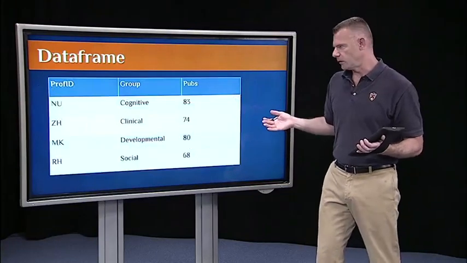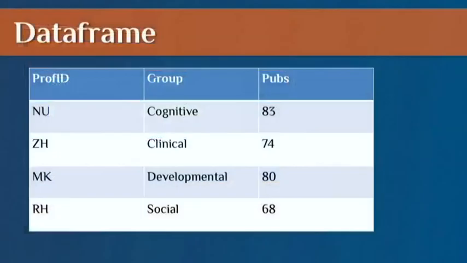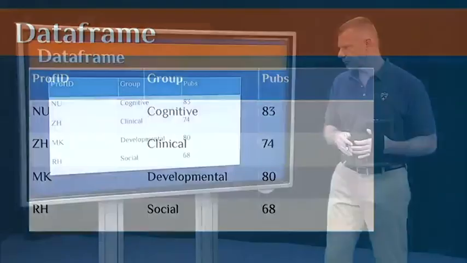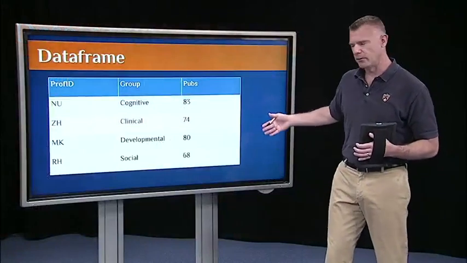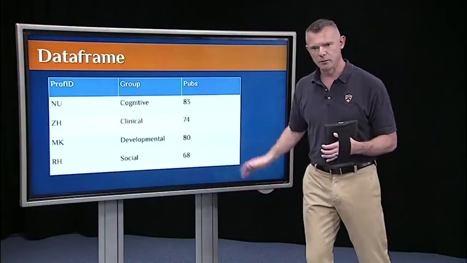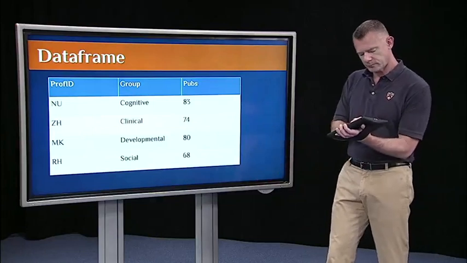Your data frame might look something like this. We could have a professor ID, like the initials of the professor, what group they're in, cognitive, clinical, developmental, whatever, and then the number of publications that they have. So assume these are like senior professors. It's a lot of publications, so toward their end of their career.